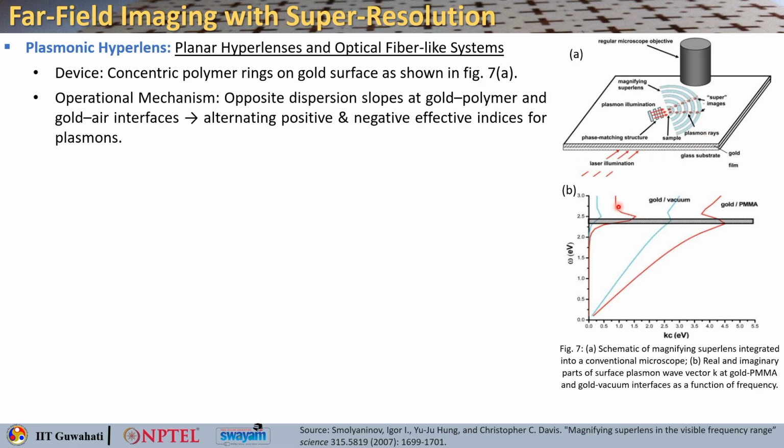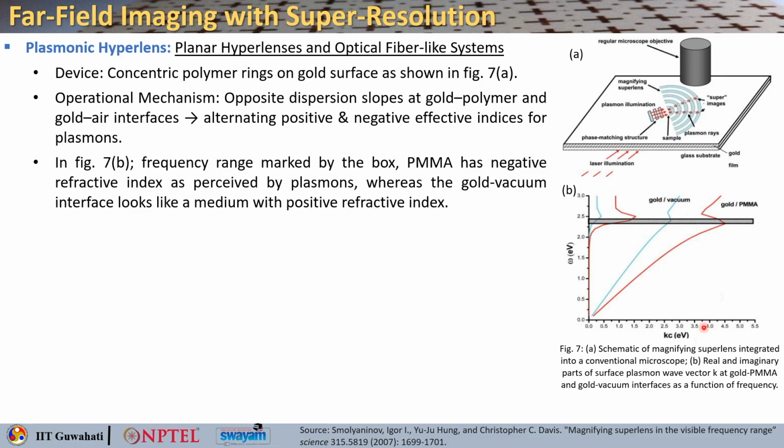The opposite dispersion slopes at the gold-polymer and the gold-air interface, okay, allow the formation of the hyperlens or the superlens effect, okay. So, you can see in this particular figure, which is plotting omega versus k, okay, at the gold-vacuum and gold-PMMA interface, okay.